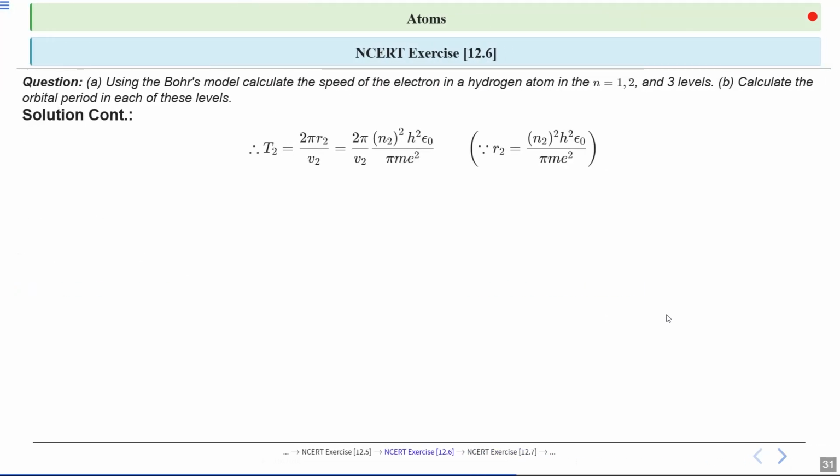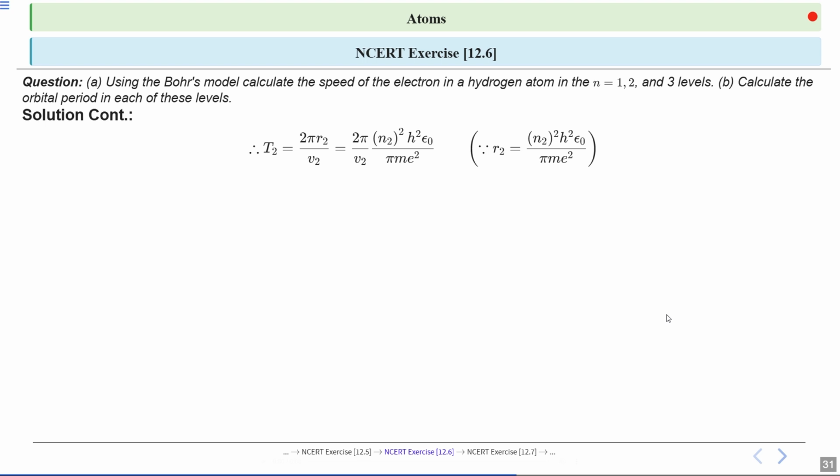Here we see the formula for the orbital time period T2 of the electron in the second energy level. The period T2 is the time it takes for the electron to complete one full orbit and it's given by T2 equal to 2 pi R2 upon V2, where R2 is the radius of the orbit and V2 is the speed of the electron at n equal to 2.